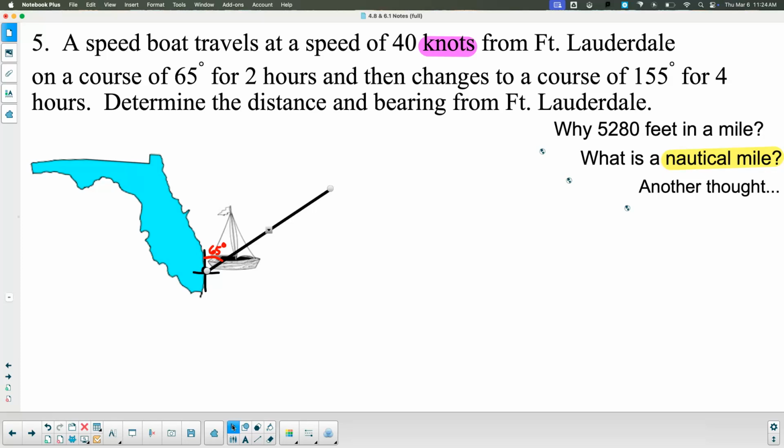It's 80, right? It's traveling at 40 knots, which is nautical miles per hour, for 2 hours. So how far did it go? 80 nautical miles. The symbol for nautical miles is NM, literally for nautical miles.